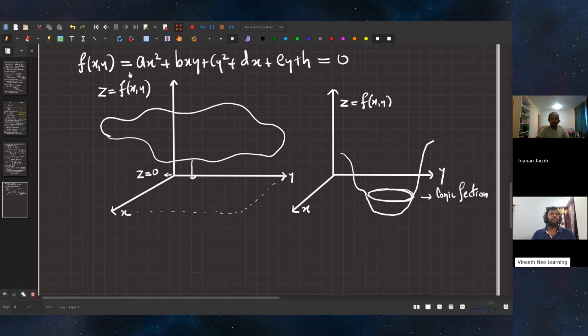Okay, so I will show you this using a graph plotter. This is very interesting. As I said earlier, when I recognized that this is actually what's happening, it was like a light bulb, because we haven't thought about conic sections this way.